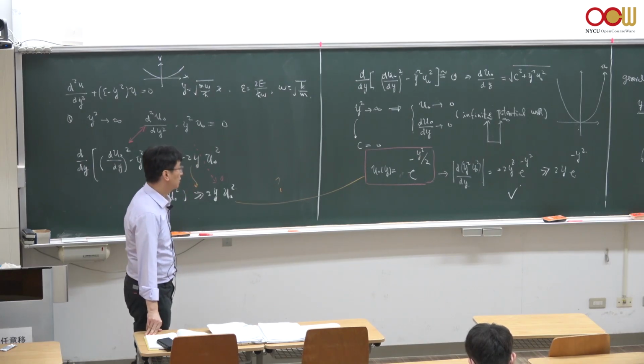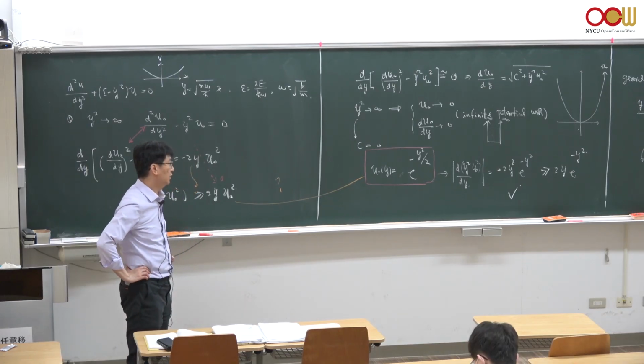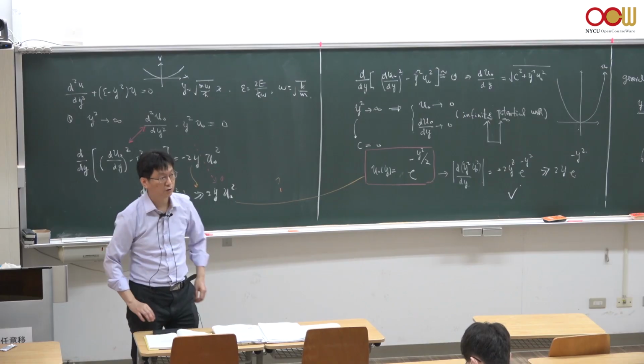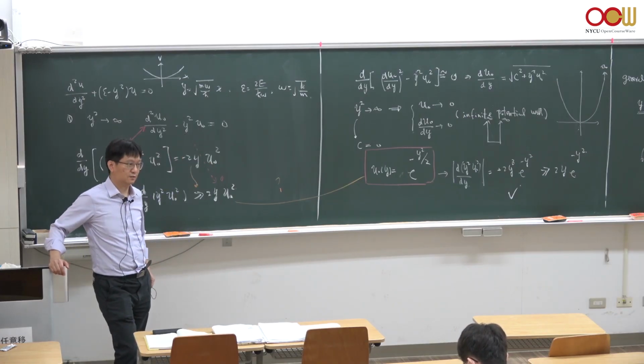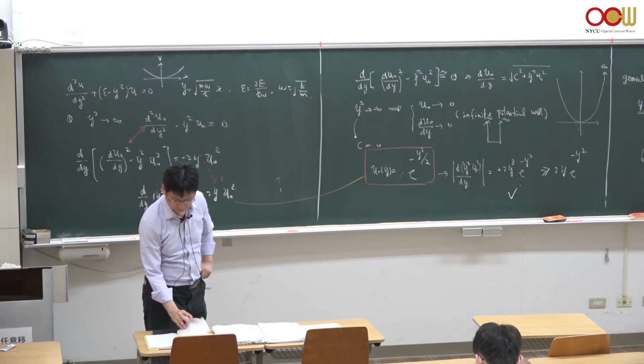So we will finish this section tomorrow, and then we will continue to chapter 5 and chapter 6, which is the starting point of Dirac quantum mechanics, or linear algebra, the operator approach of quantum mechanics.